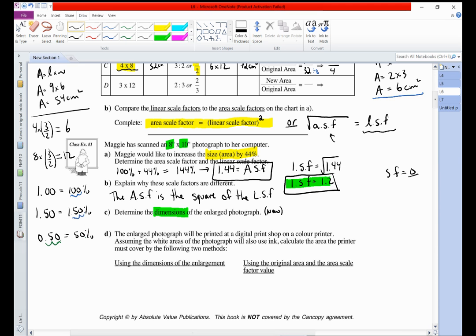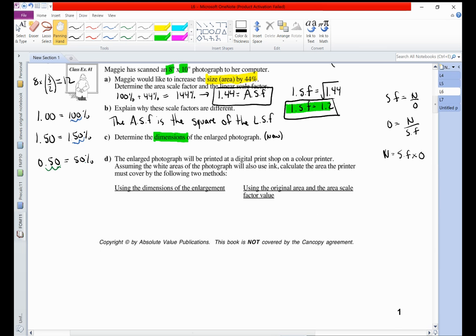I'll just write them here. Scale factor is new over original. Original is new over scale factor. And new is scale factor multiplied by original.